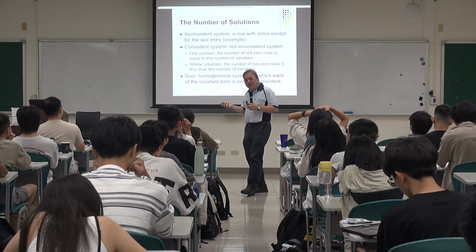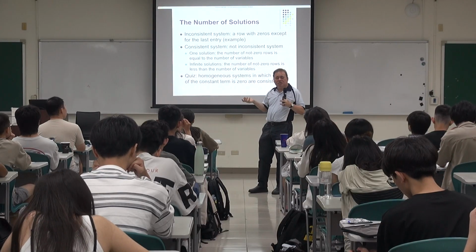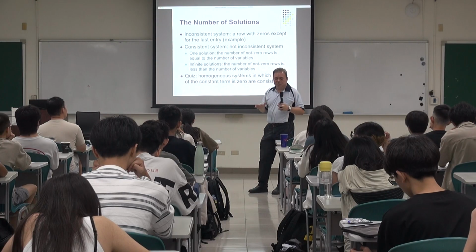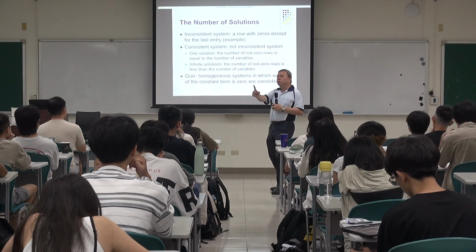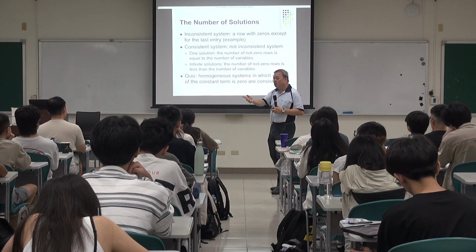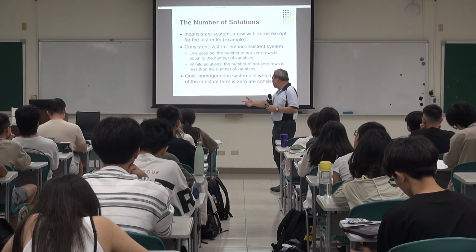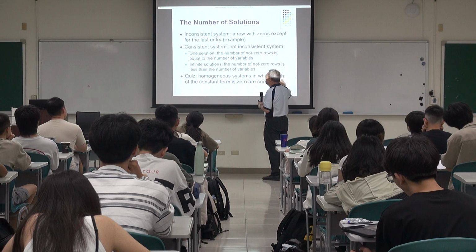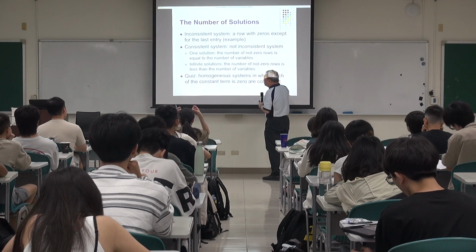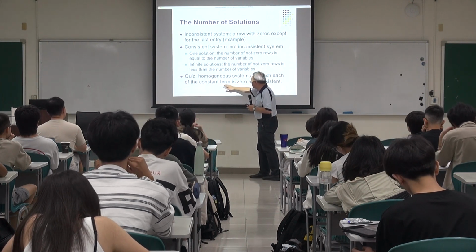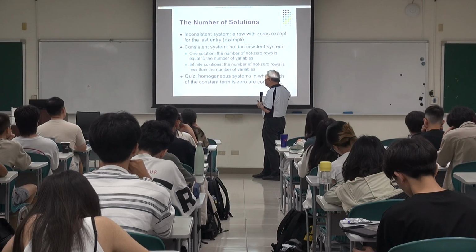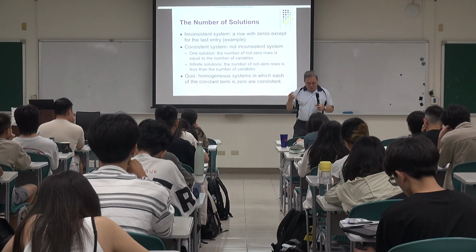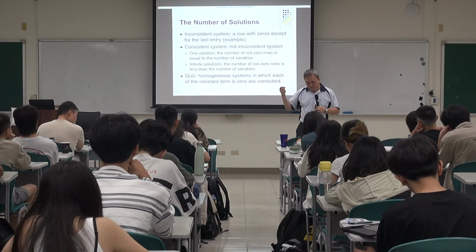So if it's a homogeneous system, the only discussion comes down to whether or not you have one solution or infinite solutions. Okay? In which each of the constant terms is 0 are consistent. So the only discussion is if you have one solution or infinite solutions.